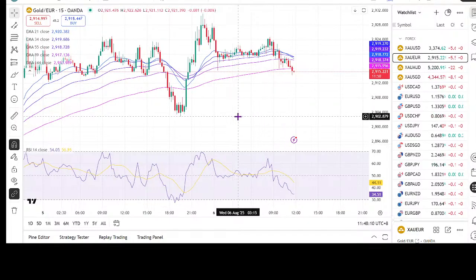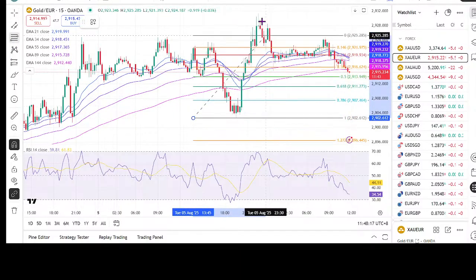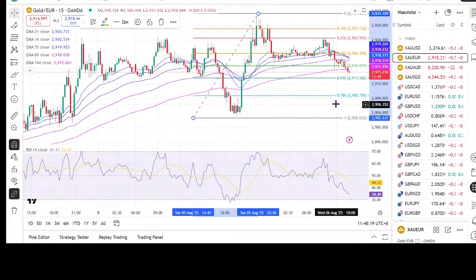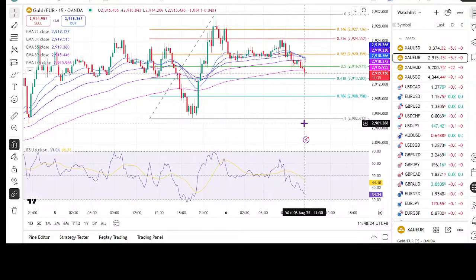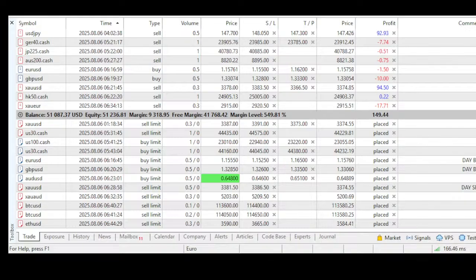So looking at this, either we exit at 2906 or 2908. Looking at the RSI, we might see 2906 or 08 as the target, and we want to put it at 2906 or 6 half.